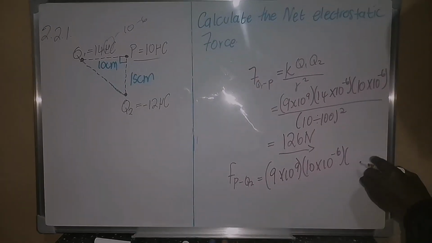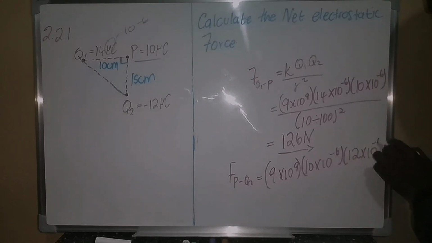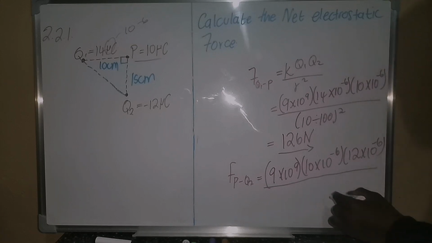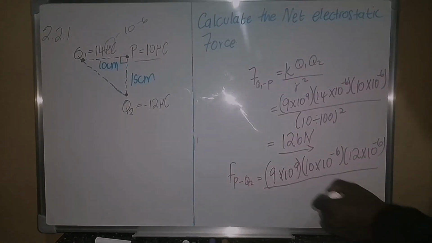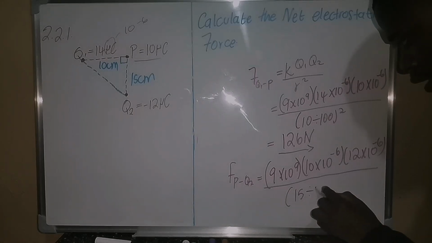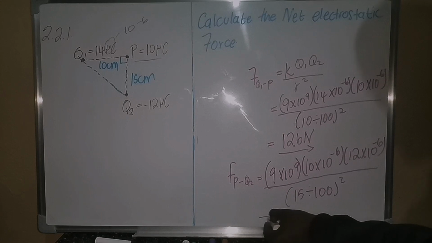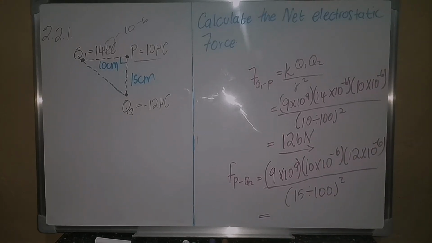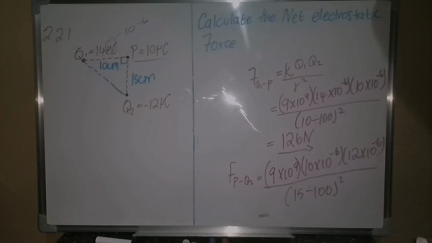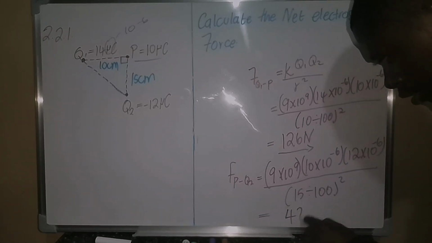Remember, 12 does not go with the sign, it's just positive there. 12 times 10 to the power negative 6, all divided by the distance between P and Q2, which is 15 centimeter, meaning 15 divided by 100 squared. The answer is 48 newtons.